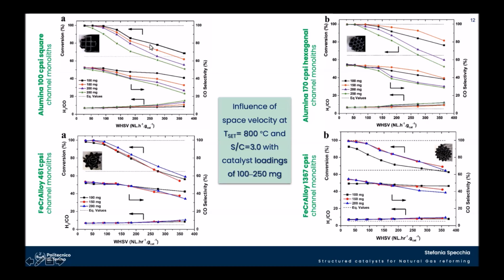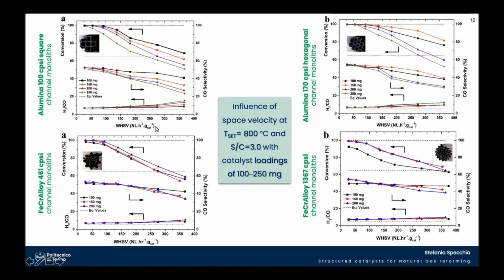And you can see here, if you are comparing the two alumina with a more dense number of cells, the conversion was kept at the maximum for much higher weight hourly space velocities. Whereas for the metallic ones, not.